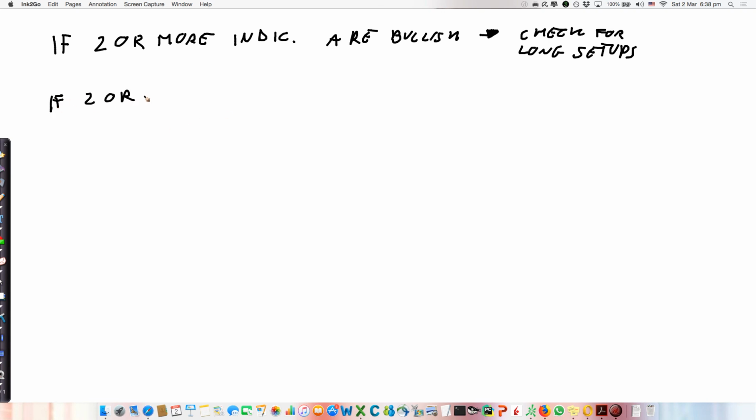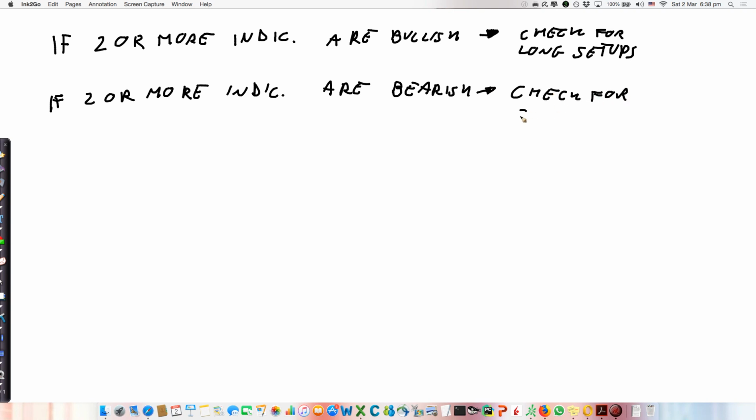If 2 or more indicators are bearish, then what do we do? That's right, we check for short setups. And then there is the special case of the breakout.